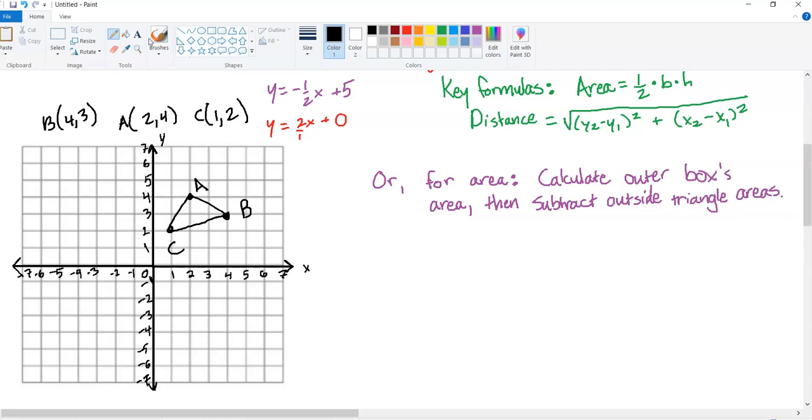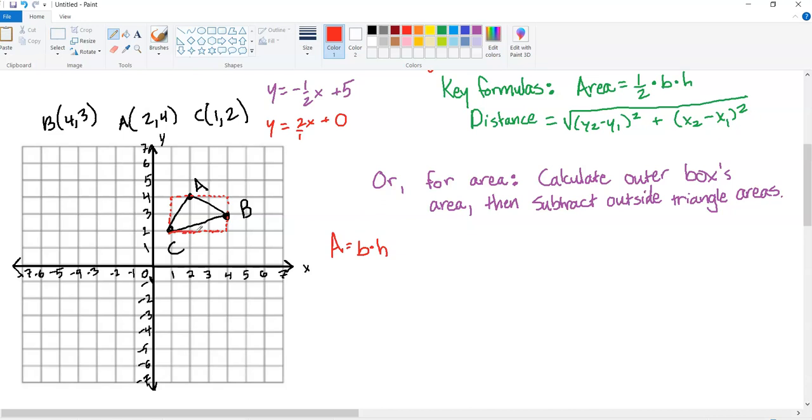Well, to do area of this triangle, what I would do is I'm going to create an outer box, so to speak, or a rectangle, touching just the apex of each of these points on the outside. And I'm going to get the area of the outer box. So the area is going to be base times height of my outer box.